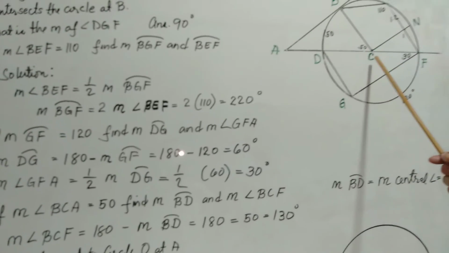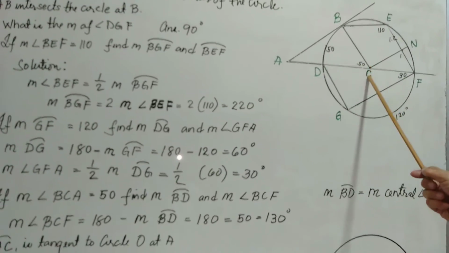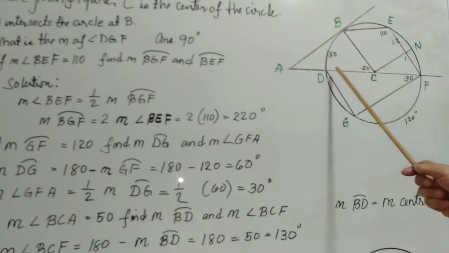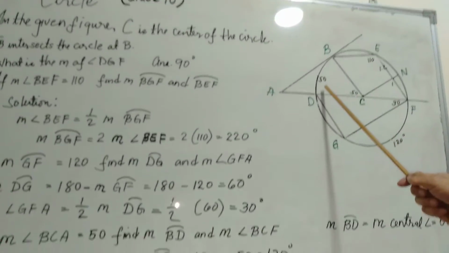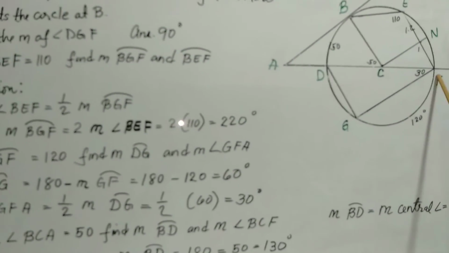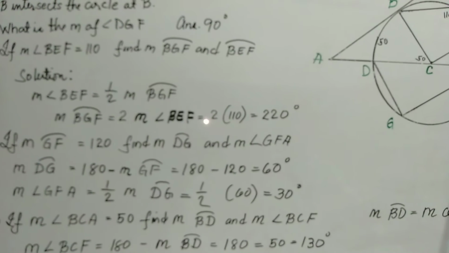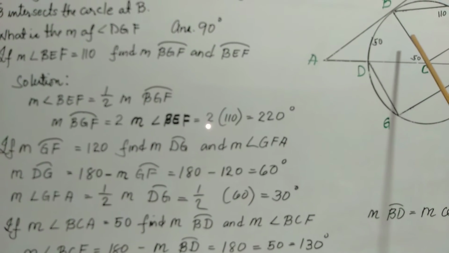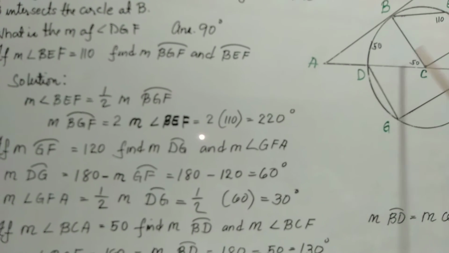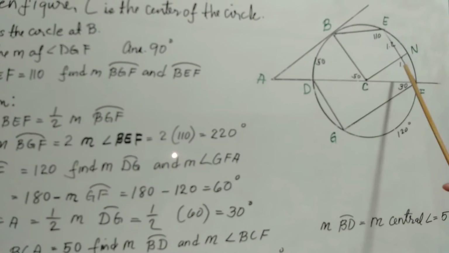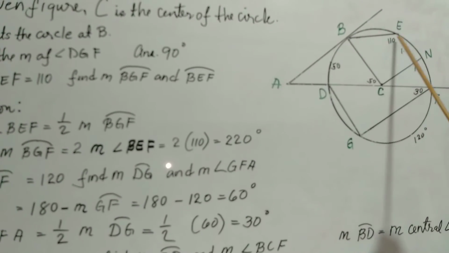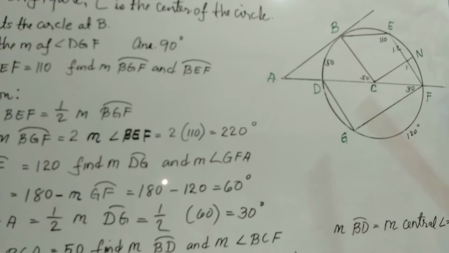Since this is a half circle, the arc is equal to 180. So the measure of angle BCF is equal to 180, the measure of a semicircle, minus 50. This portion is equal to 130 degrees.